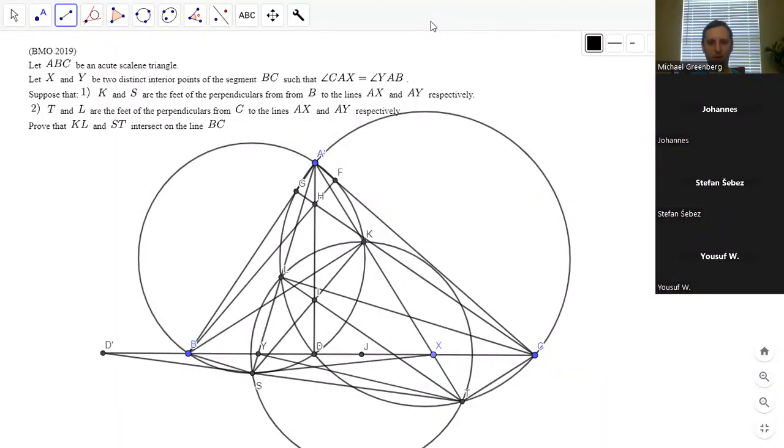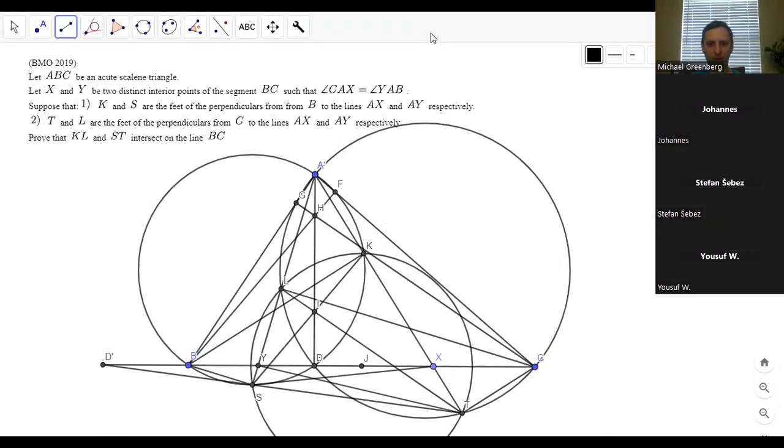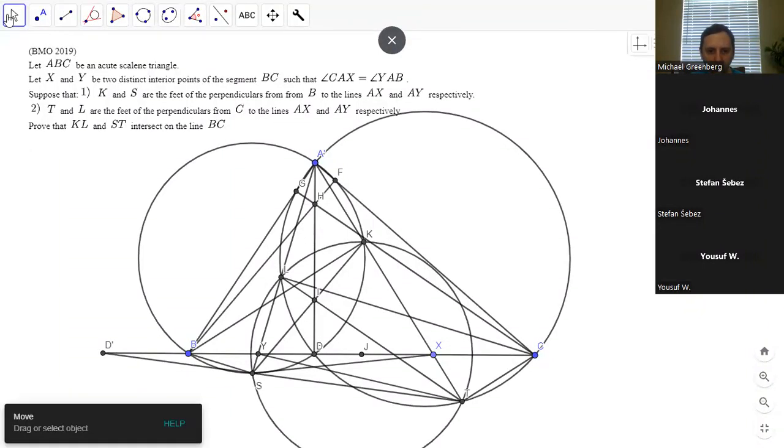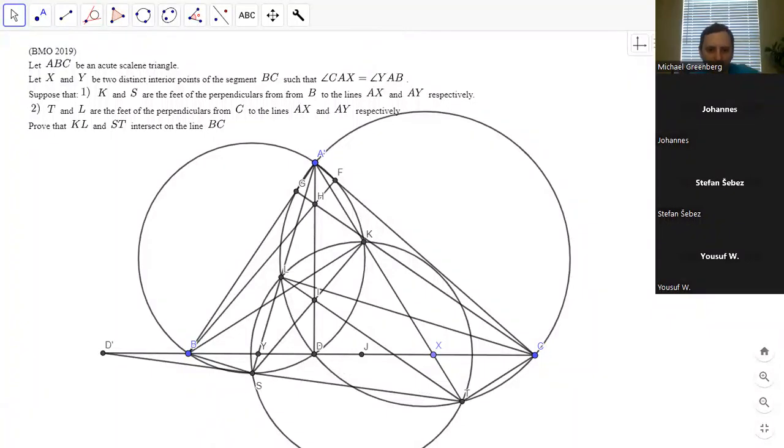So oh yeah, but that would mean that those are harmonic, which would make the problem really easy. So yeah.